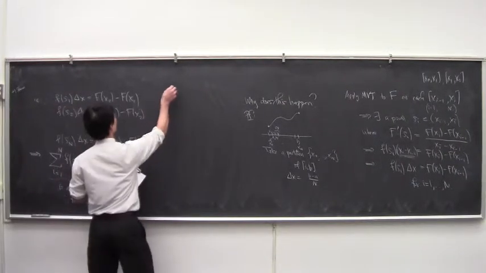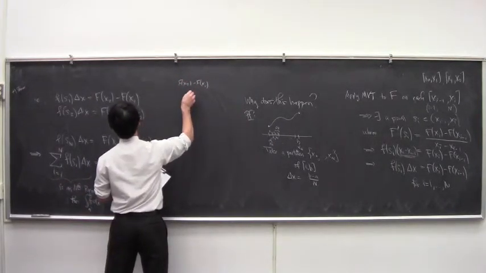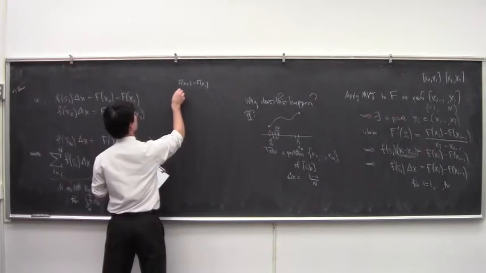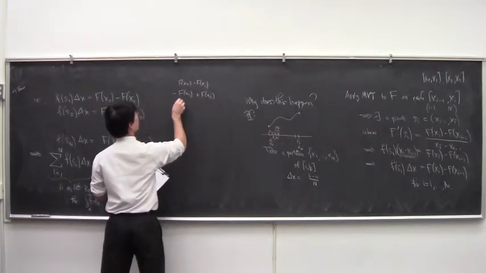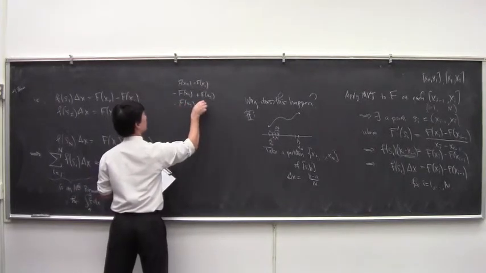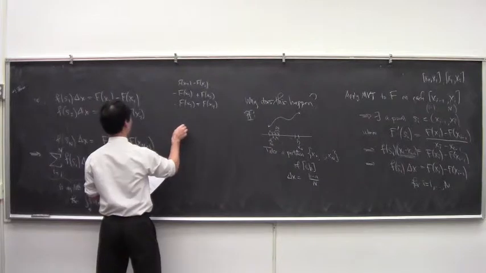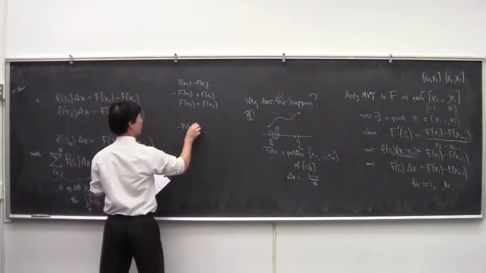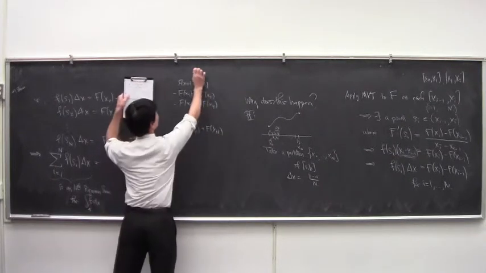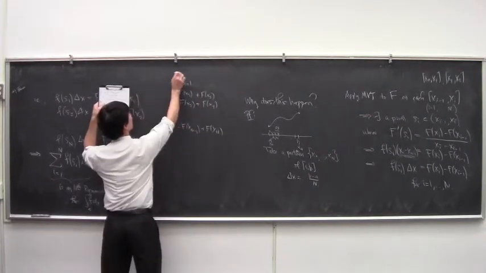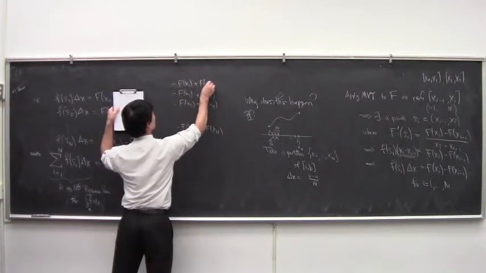We have f(x2) minus f(x1), right? Minus f(x2) plus f(x3), minus f(x3) plus f(x4), all the way down to minus f(xn-1) plus f(xn). And you see that, minus f(x1) plus f(x2).